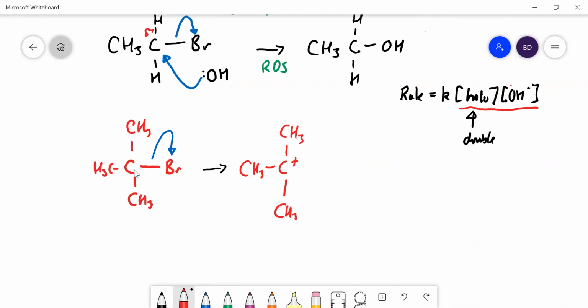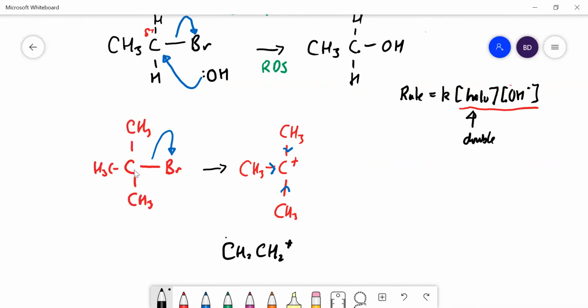And don't forget that will be a lot more stable than the primary, because remember that the alkyl groups have a tendency to push electrons away from themselves. You remember that from when we did alkenes. So this is a bit more stable, so that's why it can form. Whereas with the primary haloalkane, you would have formed this carbocation.